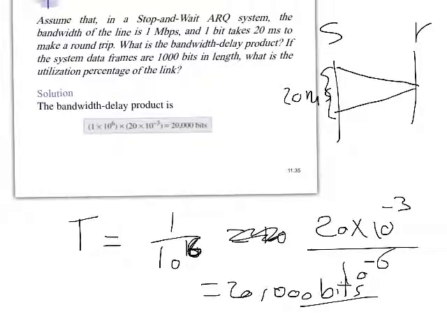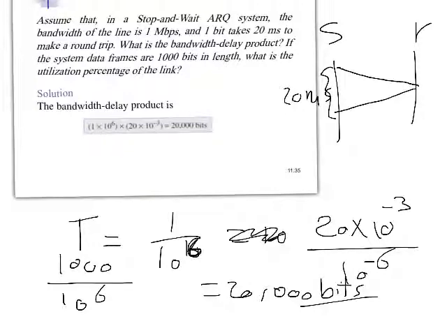So the 1 frame itself takes how long to send? 1 frame is 1,000 bits, which takes a transmission time of how long? 1,000 divided by 1 megabit per second, so 1,000 divided by 10 to the power 6.